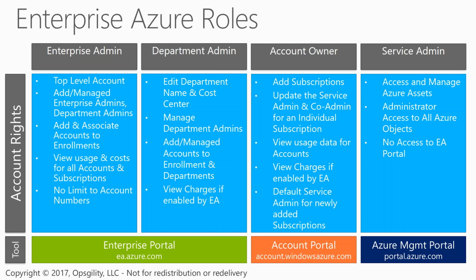Of course, they can do usage data, and by default, this person will be the service admin as well. So the service admin, the last one we'll talk about, is the person that has full rights within the Azure subscription to create resources, to grant rights to other users, and so on. But this person does not have any access into the Azure EA portal.